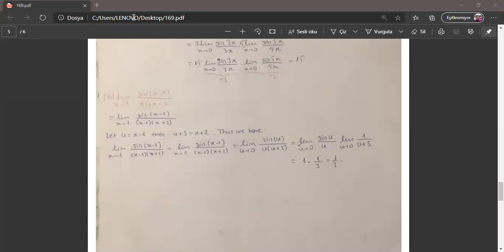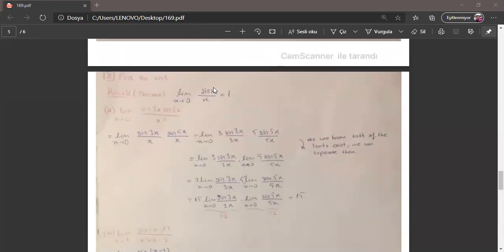For this one, we have this limit now. We have sinus x minus 1 over x minus 1 times x plus 1. Remember, we need to have same things inside of the function sinus and in the denominator to apply this theorem.